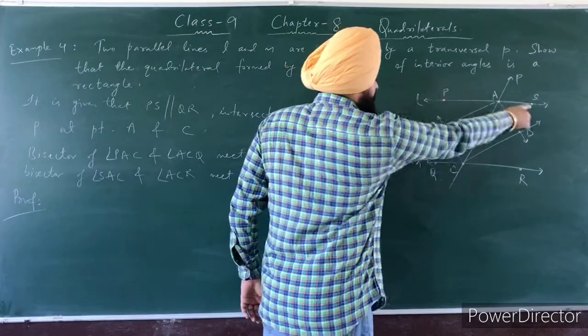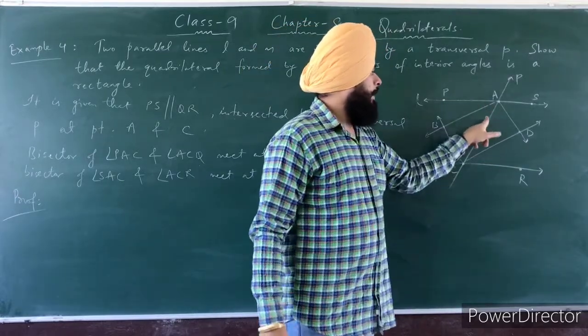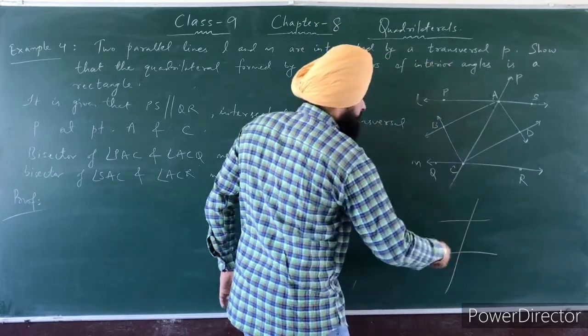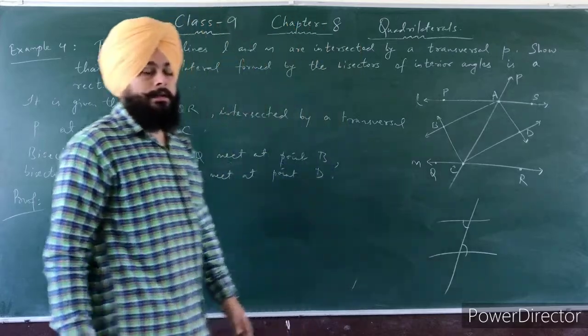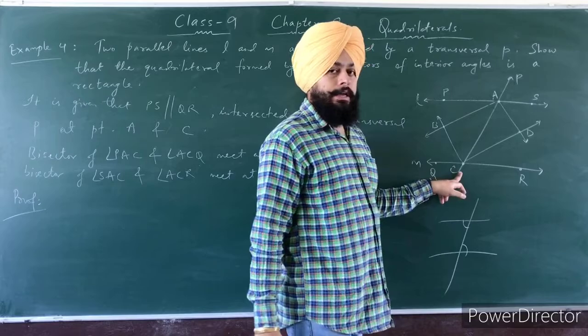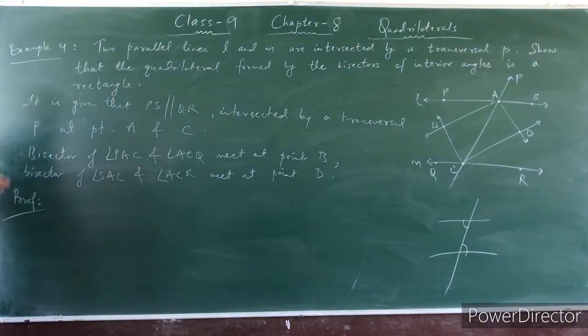You can see here L is parallel to M. If L is parallel to M, then the alternate angles are what? Equal. These are parallel lines, then these are the pair of alternate angles. So angle PAC is equal to angle ACR.